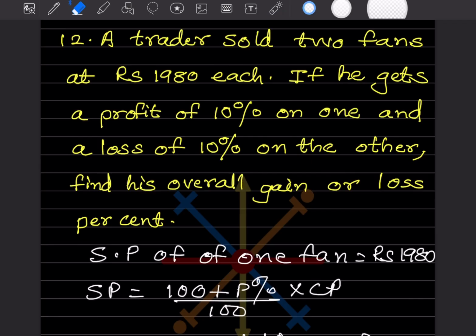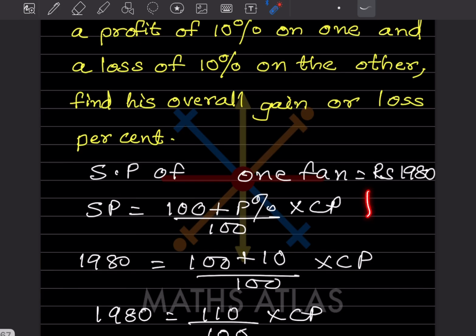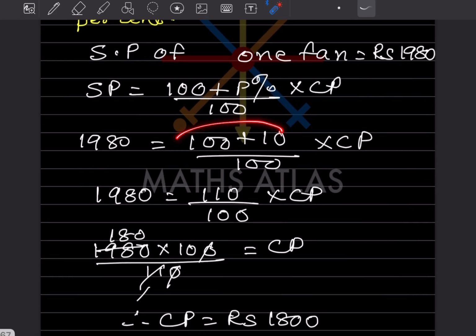Selling price of one fan is given as 1980. Because here there is a profit of 10%, you are going to use this formula. Here it will be 10, rest all the same. 110. So this will get cross multiplied. This will go in the denominator.